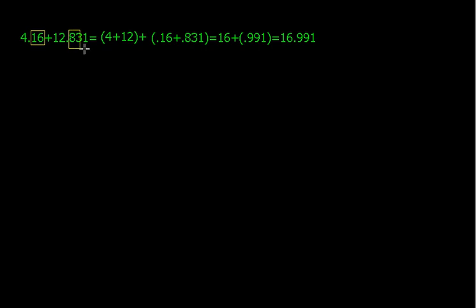In this case, it is the 4.16, which only has 2 digits after the decimal point, so the answer can only have 2 digits after the decimal point. We're just going to get rid of this 1 and round down to 16.99. That's our final answer: 16.99.